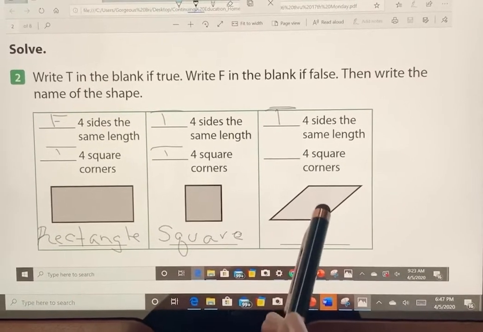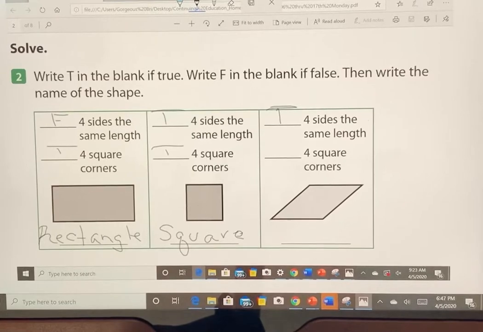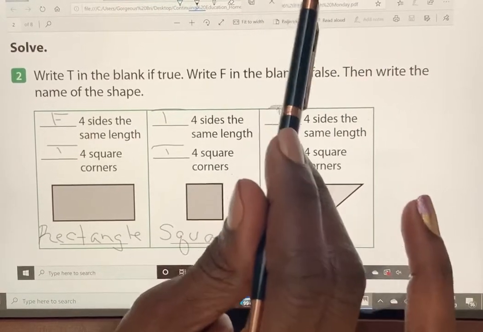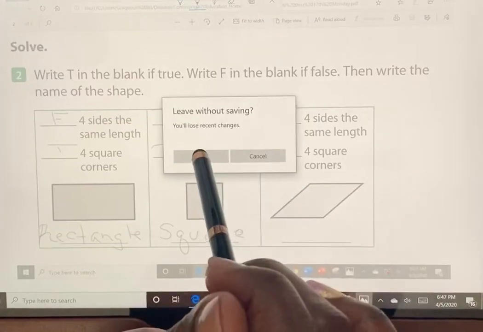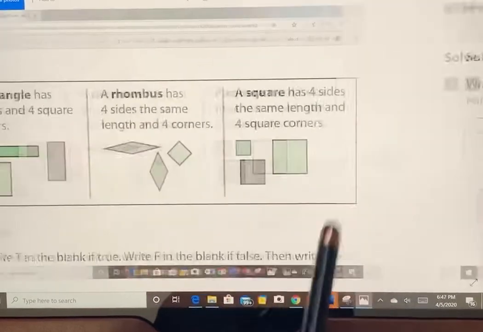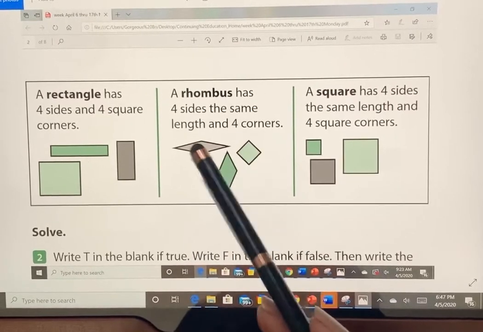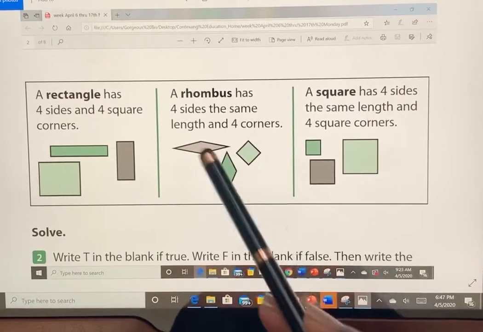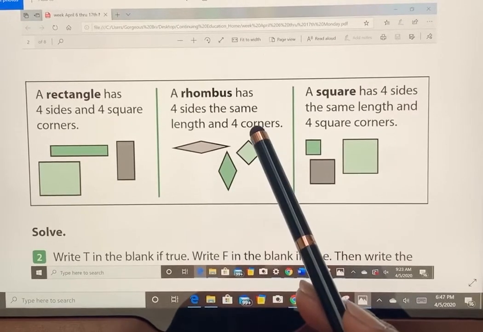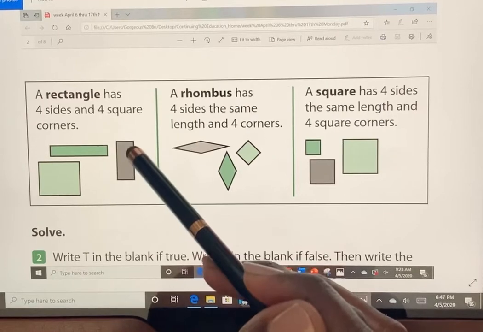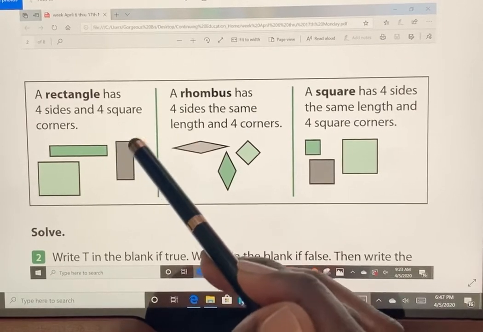Now let's see, when we look at this shape, what does he categorize as if we're asking about 4 square corners? Well, we know that he kind of falls over here, but it doesn't say that he has 4 square corners. It just says that he has 4 corners. The 4 square corners would be the ones that look almost like half of a square.